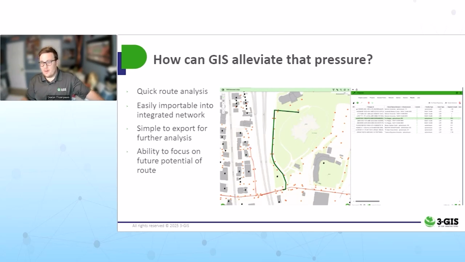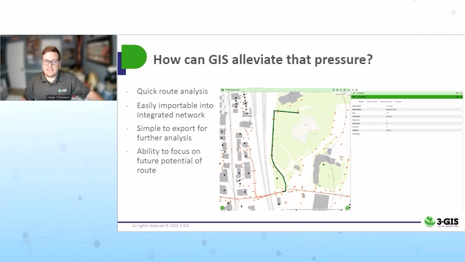You can export that route to another part of the business that wants to approve that route and make sure it makes sense. And you can see the businesses that it passes that might need service in the future, so it's not siloed to one route. So again, very quick and efficient is the name of the game here.